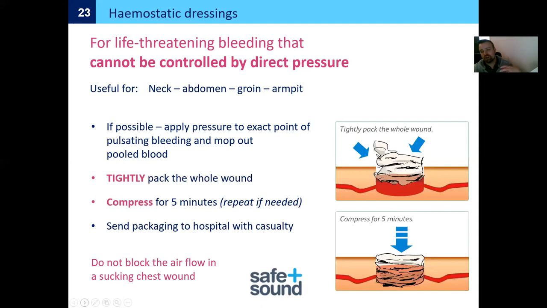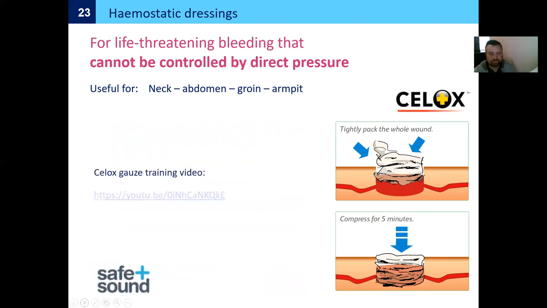So again, if you've got a direct knife injury or something, we leave the foreign objects in the body. So if they've got a knife in them, we would leave that knife, we would pack around it, and obviously we would try to do indirect pressure. So again, looking at wound management, indirect pressure as much as you can.